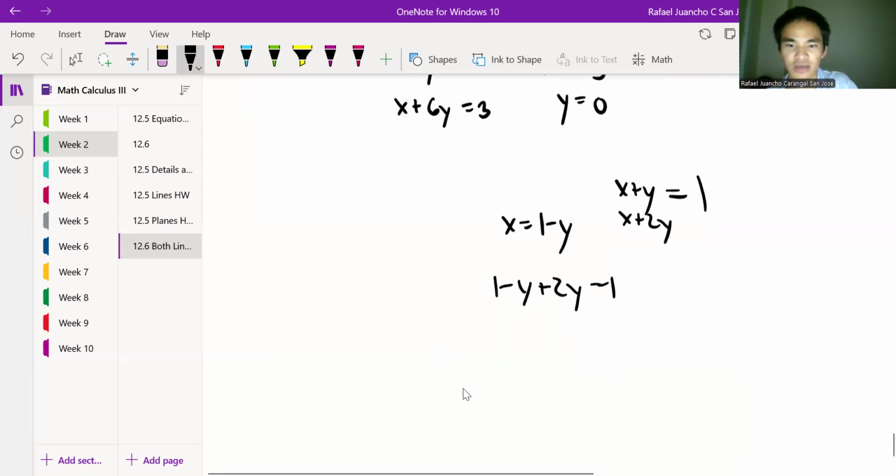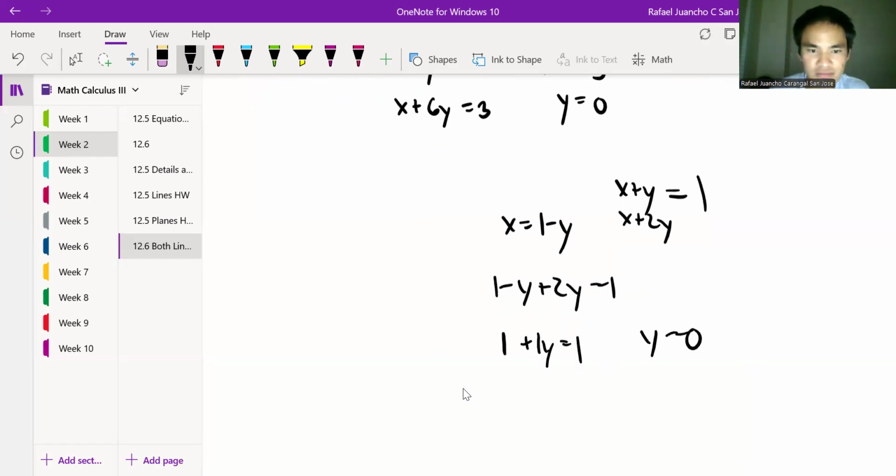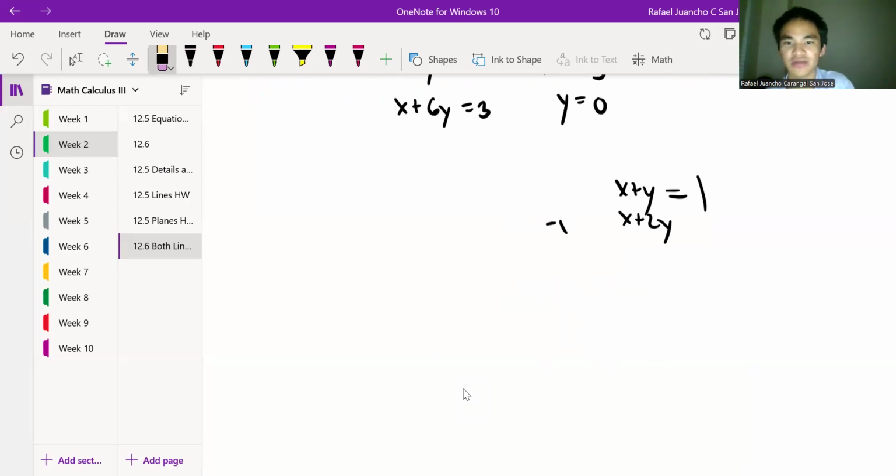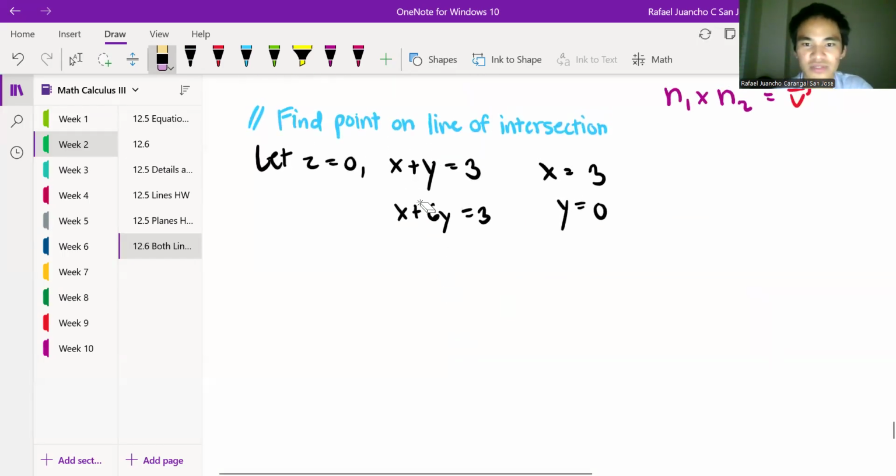And I can say, 1 plus 1, y is 1. Oh, okay, y is 0. And from there, I can say, oh, x is 1. So that method works, the method I did earlier. So yeah, x is 3. Let's see if it works. 3, 0, 3, 0. Yeah, it works. So our point is just going to be this.